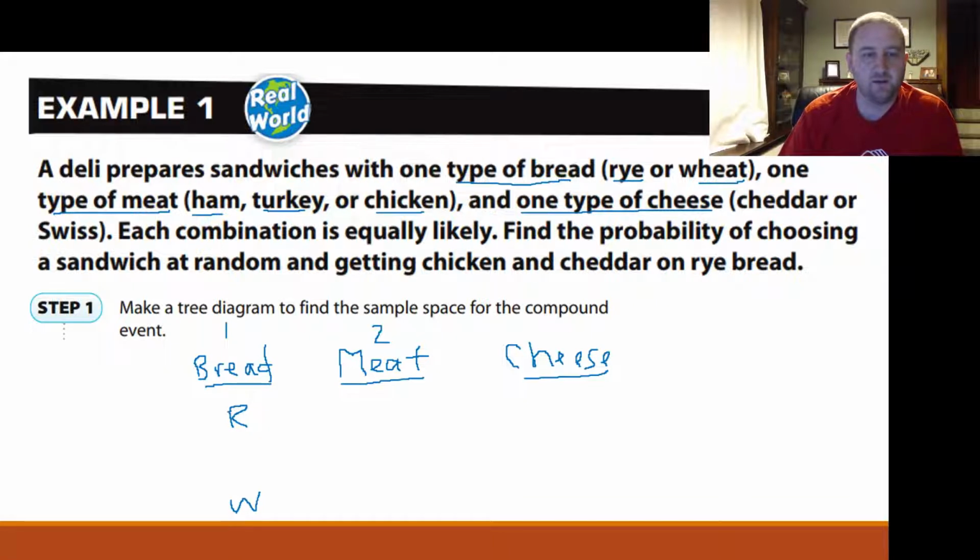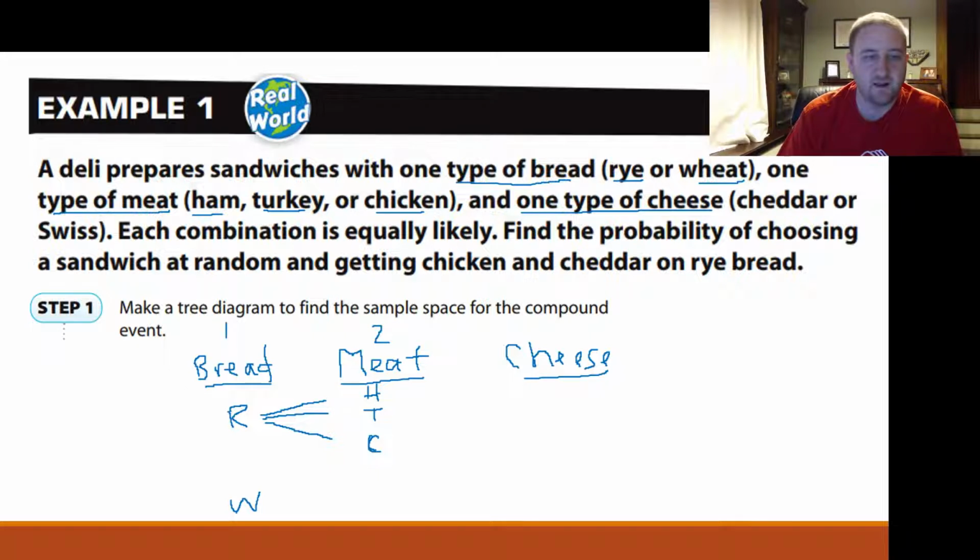Now, what I'm going to do here is I'm going to list each of these options for each type of bread. So if I pick rye first, there's 3 meats that I could get with rye bread. I could get ham, I could get turkey, or I could get chicken.